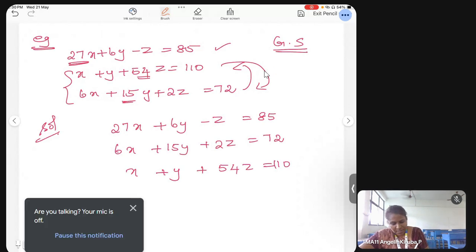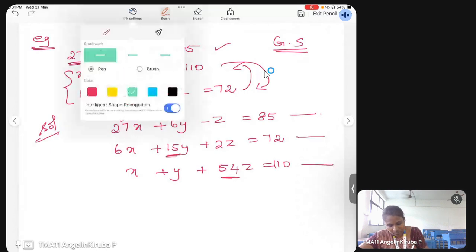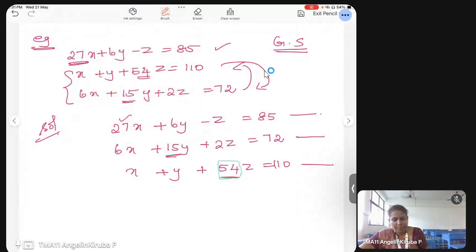Now this is in proper form. Just look at the first equation: this coefficient is greater. In the second equation, this is greater. In the third equation, this is greater. If you want, you can mark these for our understanding.